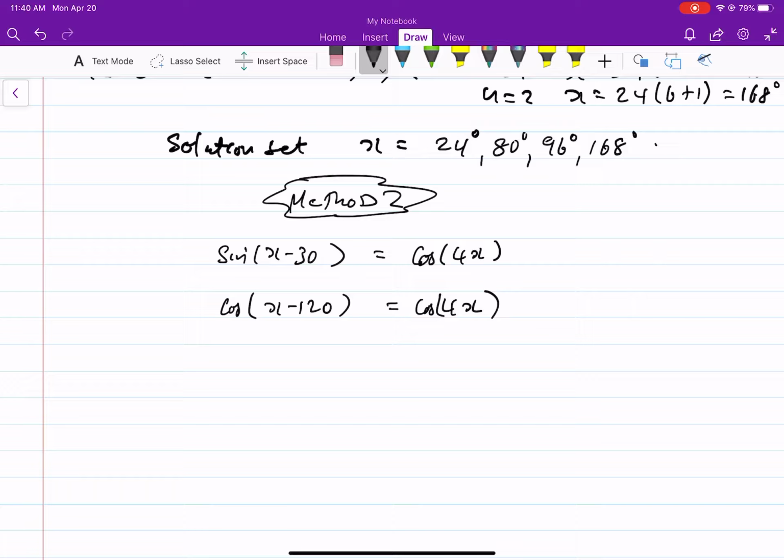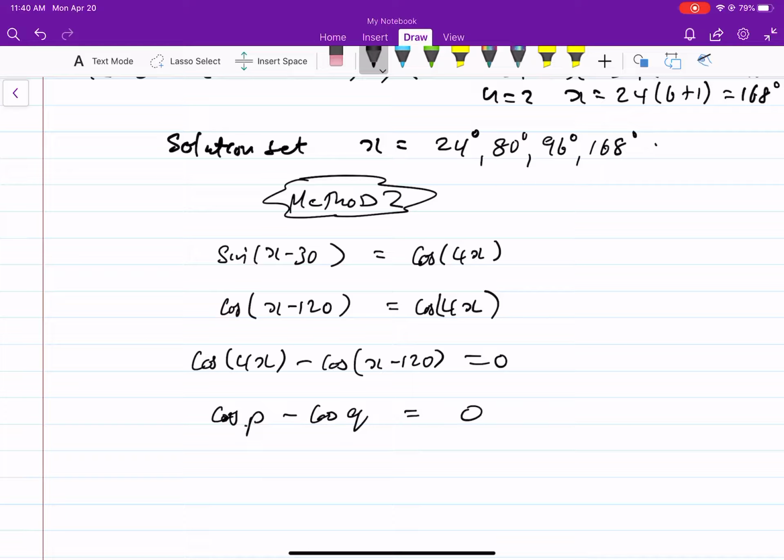And what we're going to do, we're going to throw them both on the same side. So I'm going to throw what's on the left over to the right. So this equation becomes cos of 4x minus cos of x minus 120 is equal to 0. And if you look at that, it's in the form cos p minus cos q is equal to 0. And what's the identity for cos p minus cos q again? Don't remember, so I gotta look it up.